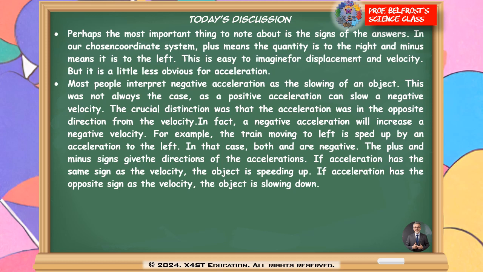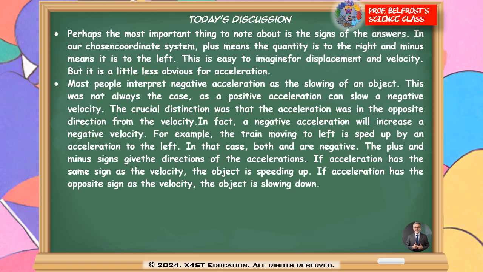Most people will interpret negative acceleration as the slowing of an object, and this is not always the case, as I've mentioned before. A positive acceleration can slow a negative velocity if it makes it move in the opposite direction. The crucial distinction is that the acceleration is in the opposite direction from the velocity. In fact, a negative acceleration can increase a negative velocity.